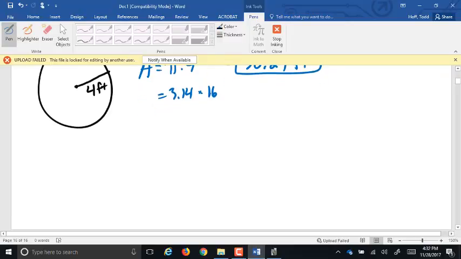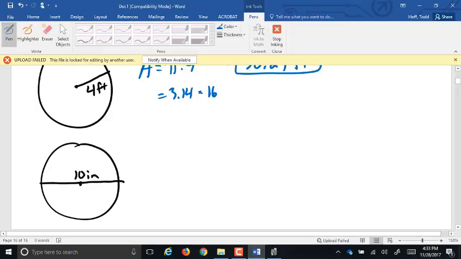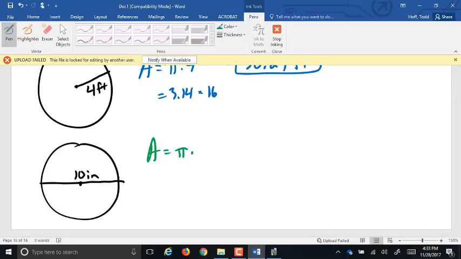If I have a circle that has a diameter of 10 inches, finding its area is pi times, is it 10 squared? Say no. Why not?